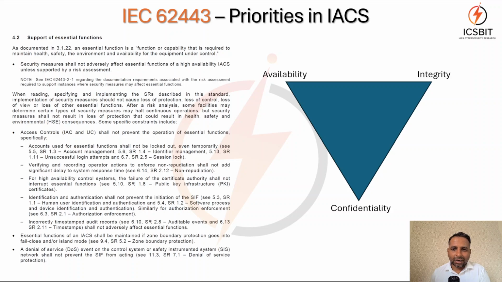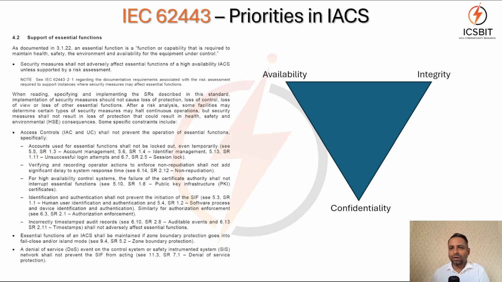Two FRs are brought out very clearly because they make the bulk of the requirements, that is FR1 and FR2. FR1 is identification and authentication control. FR2 is use control, that is authorization. Both of them together make 25 controls in 62443 3-3, and they make the bulk of the controls.